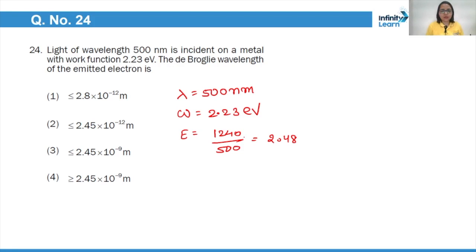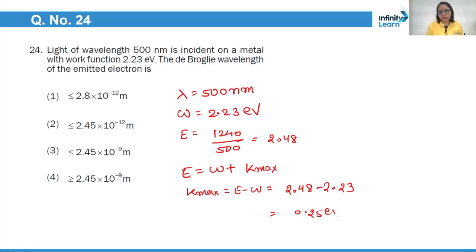And after that, we can use this equation. E is equal to W plus kinetic energy max, right? So from this one, kinetic energy maximum will be E minus W, which is equal to 2.48 minus 2.23. So this will be 0.25 electron volt, right?